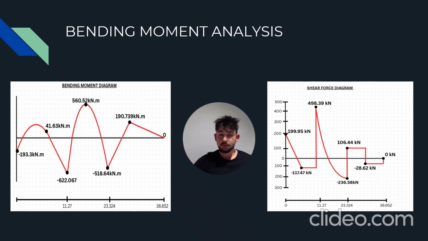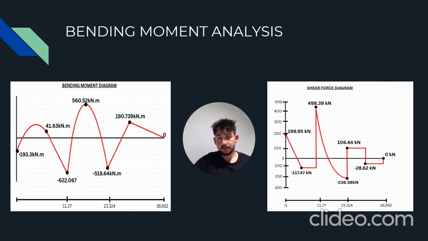As we can see on the left-hand side here, in the bending moment diagram, the maximum positive bending moment was 560.52 kilonewton meters, and the maximum negative value for the bending moment is negative 622.067 kilonewton meters. And if we move on to the shear force diagram, the maximum shear is quite evidently 498.39 kilonewtons.